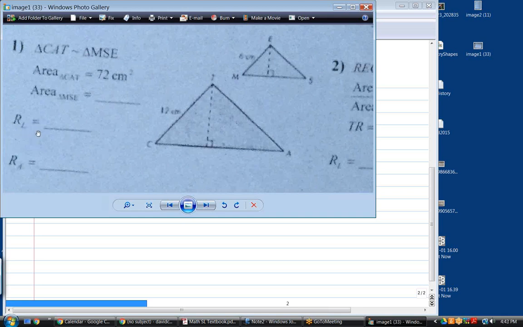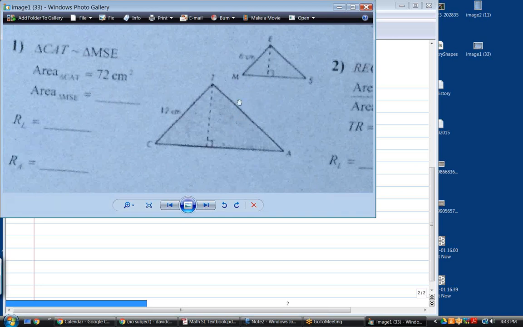R sub L. What is R? That just stands for ratio, right? It's number 6 or 8? 6.